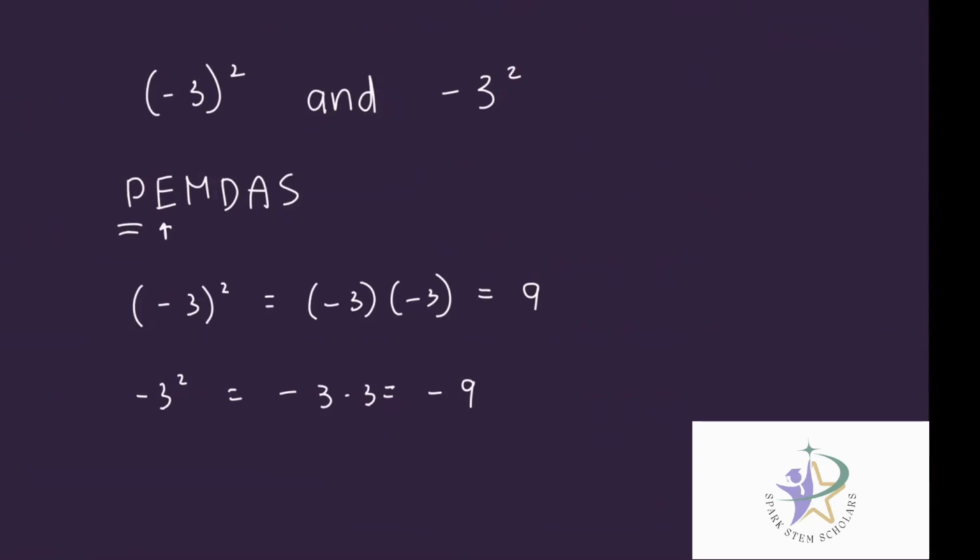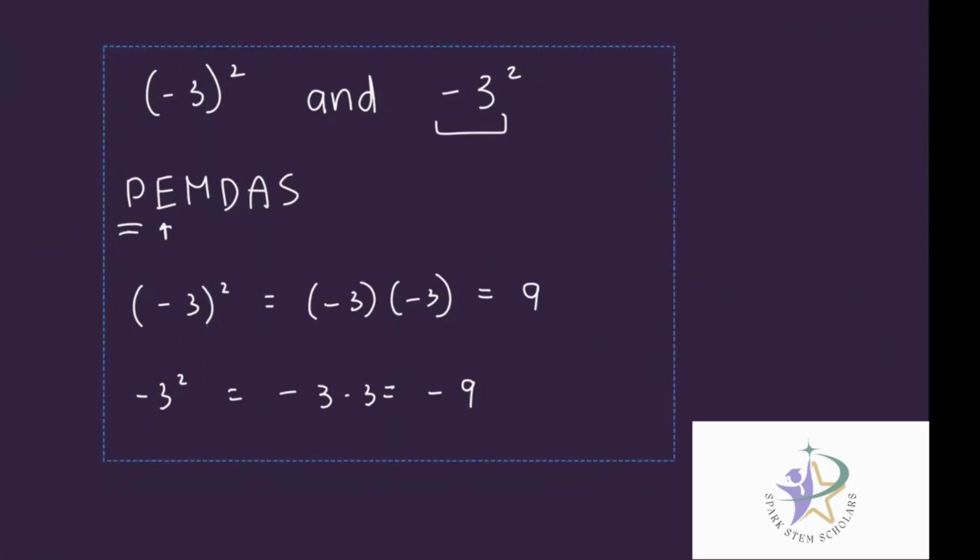But that doesn't mean that they will always have different answers. Typically, if you have a negative base and an odd exponent, let's take another example, -2 to the third with and without parentheses.